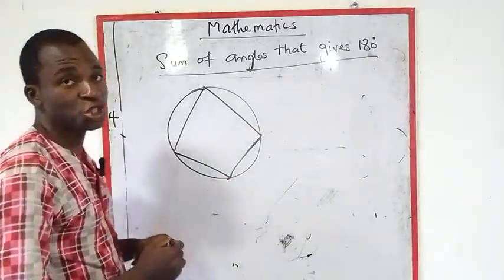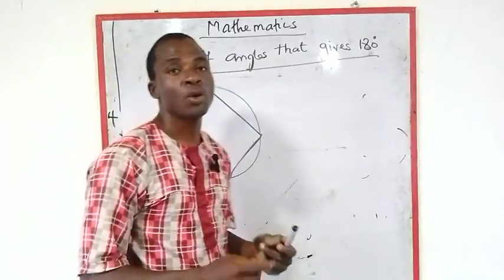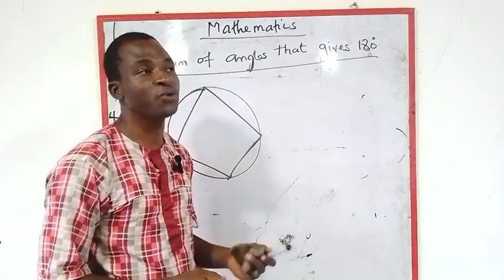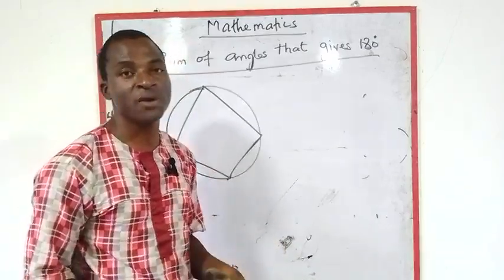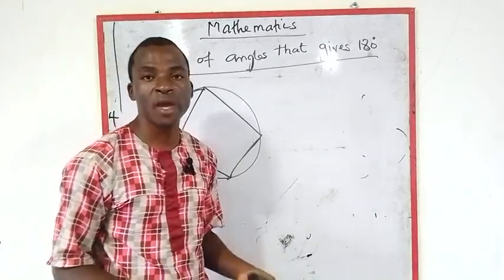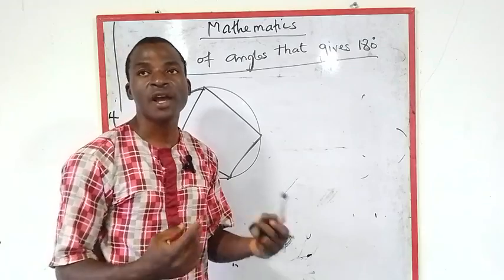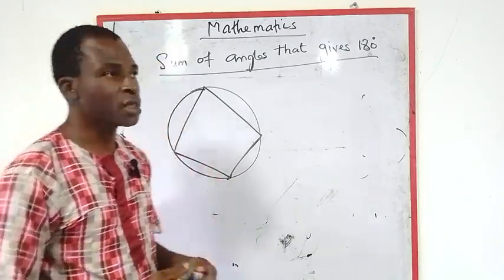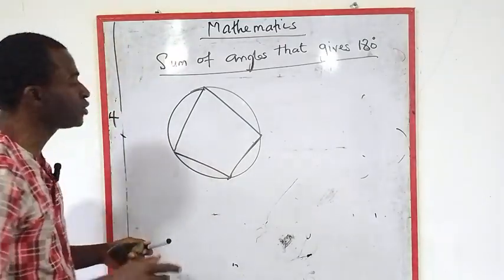Quadrilaterals are plane shapes bounded by four straight lines. And don't forget, we have 6 quadrilaterals: rectangle, square, rhombus, kite, parallelogram, trapezium.